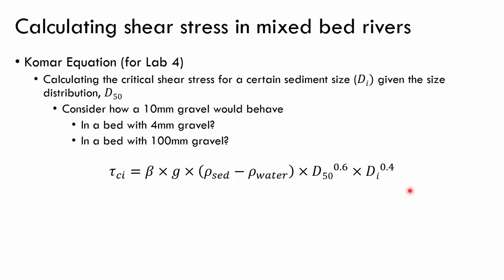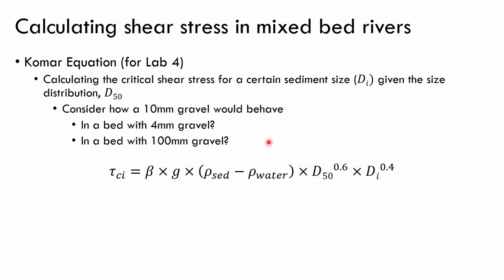Then we're also going to add in this term at the end called DI, and we're going to raise DI to the 0.4 power. DI is the sediment size of interest, and D50 is the overarching sediment size distribution, or the median grain size of the whole distribution you're looking at.